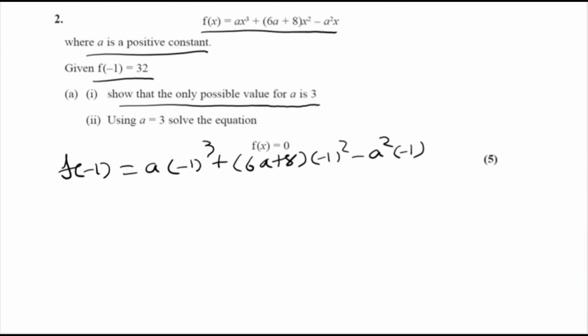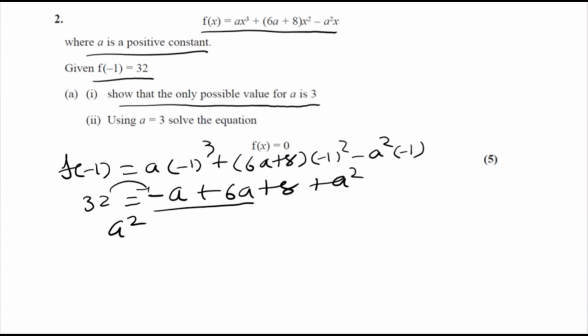Now I know f of minus 1 is 32, so I have to put 32. Minus 1 cubed is minus 1, so it will give minus 1 plus 6a plus 8 plus a squared. To factorize it, I am taking 32 this side. So a squared plus 6a minus a will give me plus 5a, and minus 32 plus 8 will give me minus 24 equal to 0.